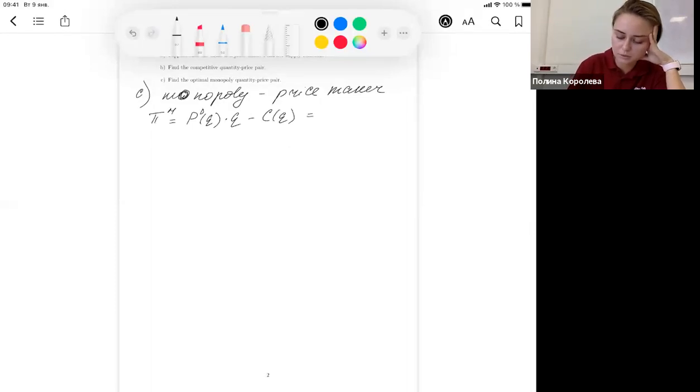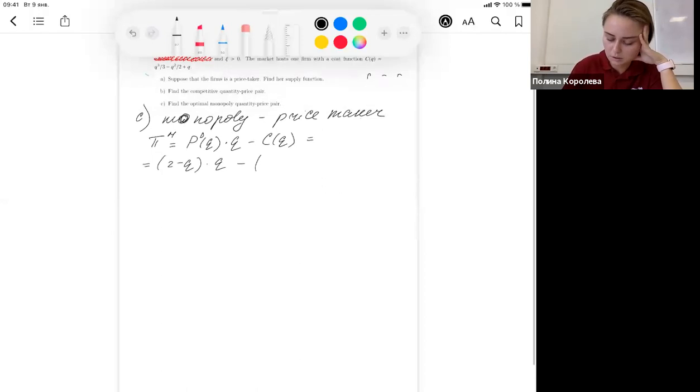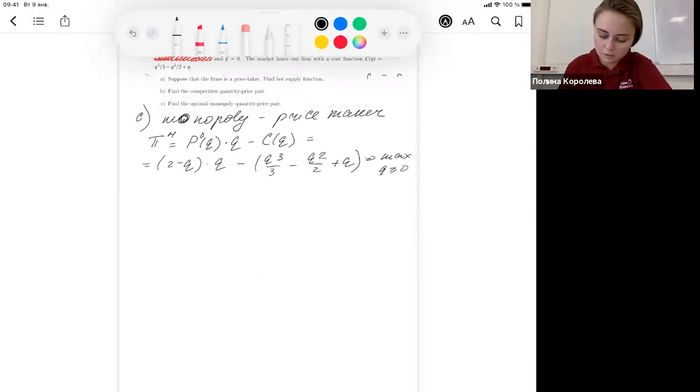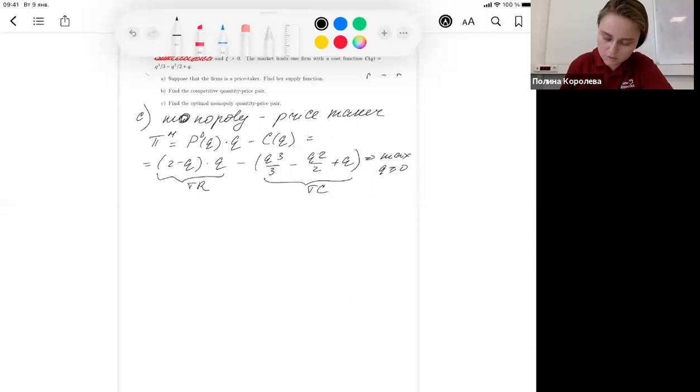Let's put everything: 2 minus Q multiplied by Q, minus total costs. Total costs: Q power 3 over 3 minus Q square over 2 plus Q. And our monopolist maximizes this by choosing quantity greater or equal than 0. So this is total revenue, and this is total costs, or as you wrote, C of Q. It's the same synonyms.